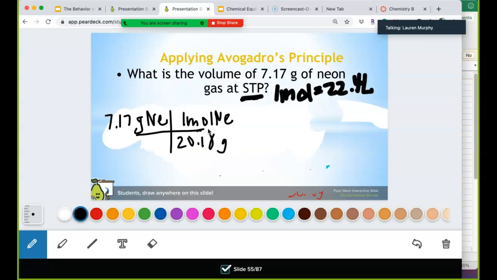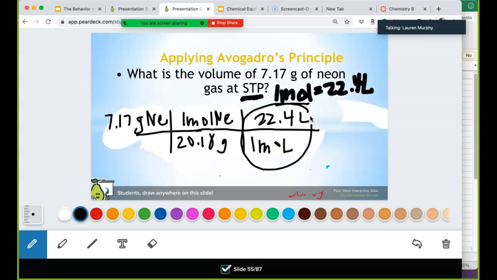Well, if you're at STP, you don't even have to go back and plug into PV equals nRT because you can say we're at moles, right? 1 mole of any gas occupies 22.4 liters of space. And the reason I can do this is because of those conditions. It's less work. Now, if you can't remember how to do this, PV equals nRT is still going to get you the right answer. You can still always use the ideal gas law, but this is a bit of a shortcut from being at STP.